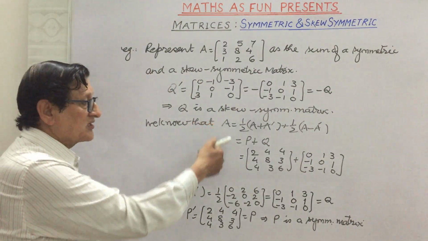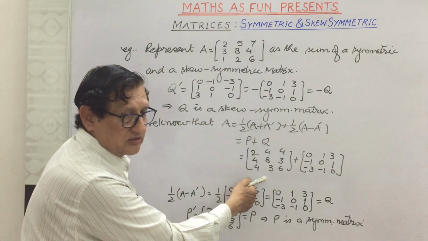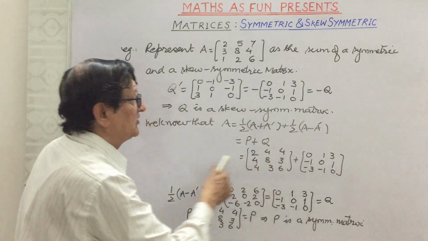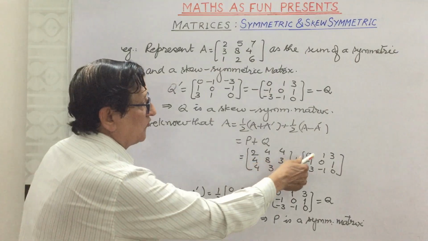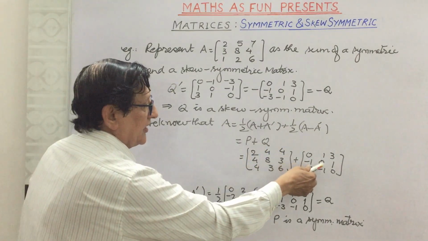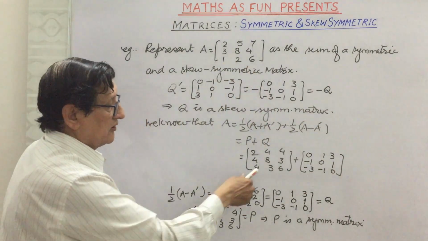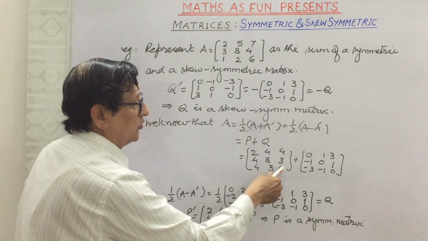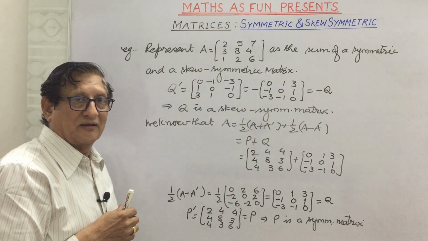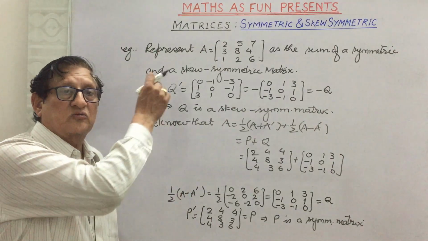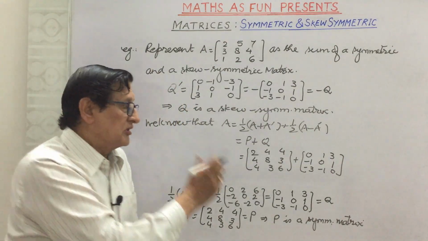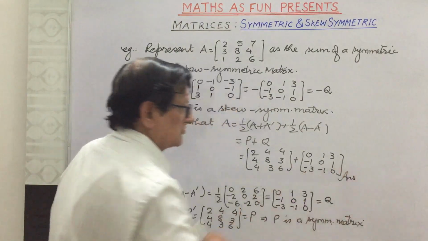It means now A has been represented as the sum of a symmetric and skew symmetric matrix. If we find the sum of this, it is equal to 2, 5, 7, 3, 8, 4, 1, 2 and 6. This is same as A. Like this we can represent any square matrix as the sum of a symmetric and skew symmetric matrix. So this is the answer to this.